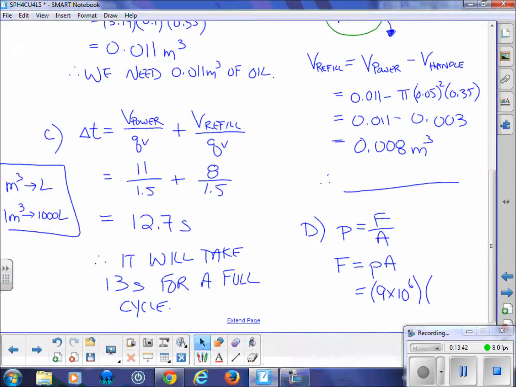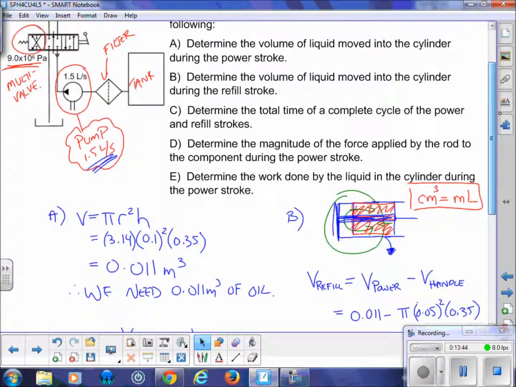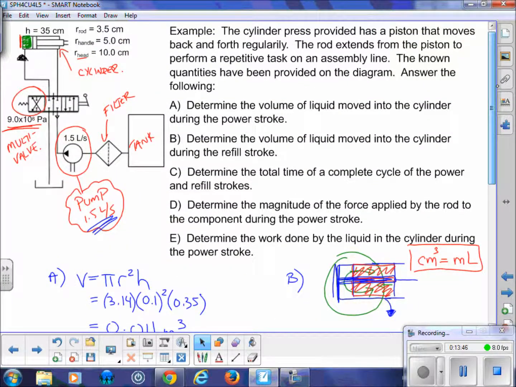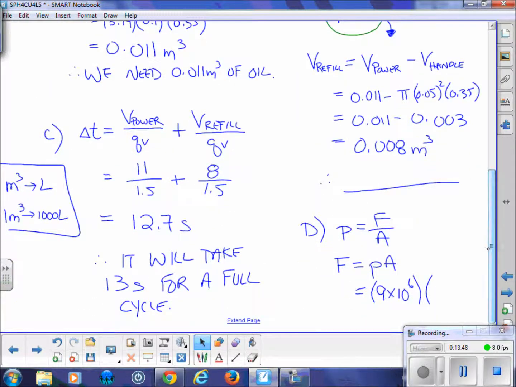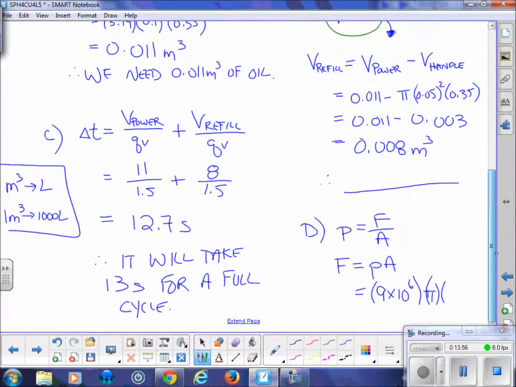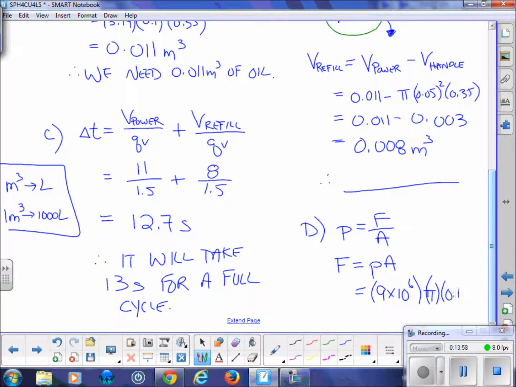And the area of the cylinder, so that area is the same as what we were using there. We're using that head calculation. So it is the pi. Radius of the head was, what was it, 10 centimeters? So 0.1 squared. Oops, and we're doing an area, so I don't have to do the height.